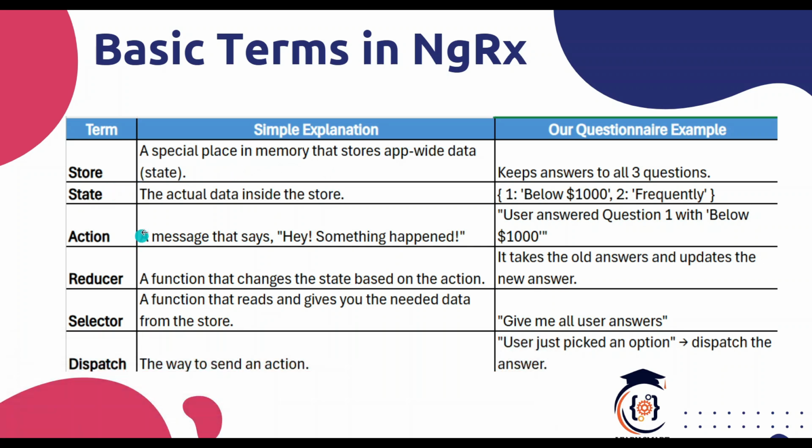Okay. Action. What is an action? An action is like you do something. For example, from the UI, the user clicks a button, clicks on a next button. So that's an action, right? An action is nothing but a message that says, hey, something happened, like a broadcast. Reducer is another concept.